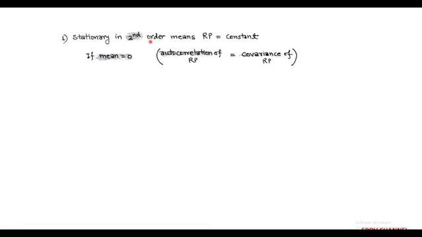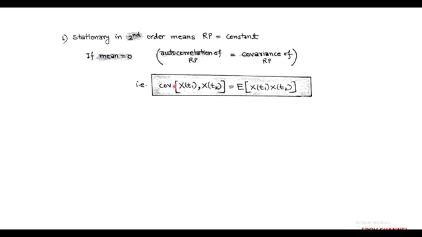Here the second order stationary random process is constant if the mean value is equals to 0. Which means covariance and autocorrelation are just identical. That is, autocorrelation of random process equals to covariance of random process, or covariance of xt1, xt2 equals to expectation of product of xt1 into xt2.